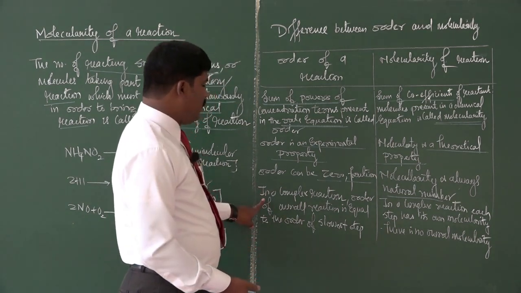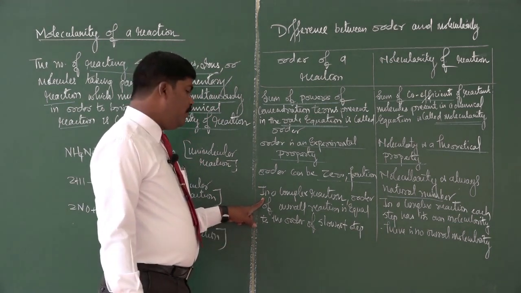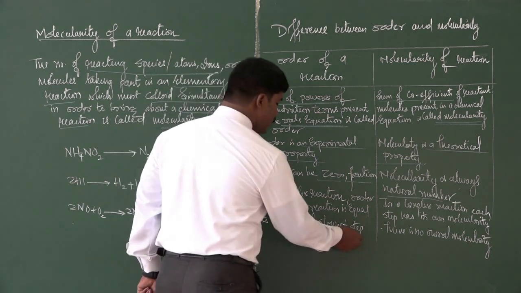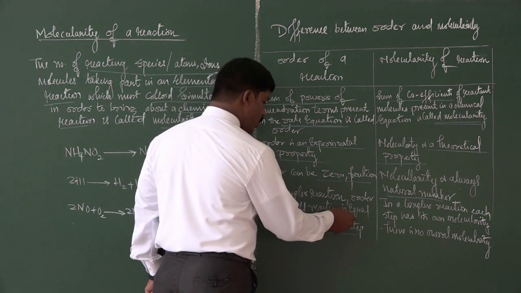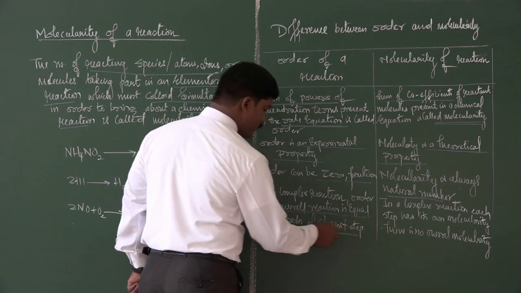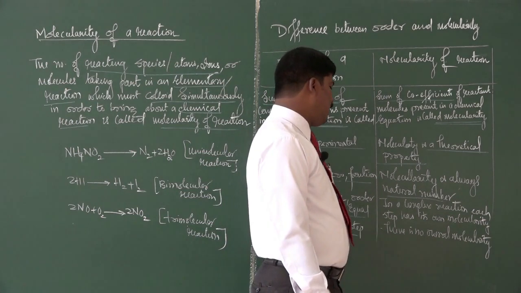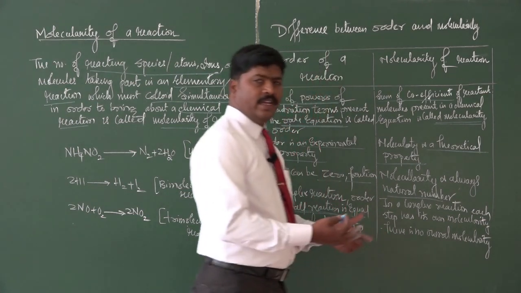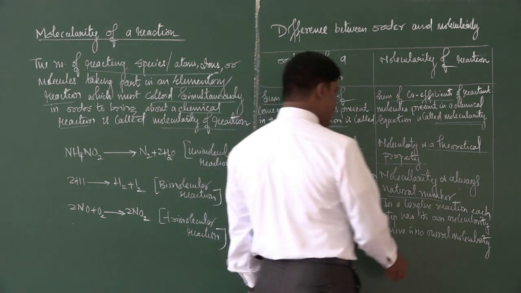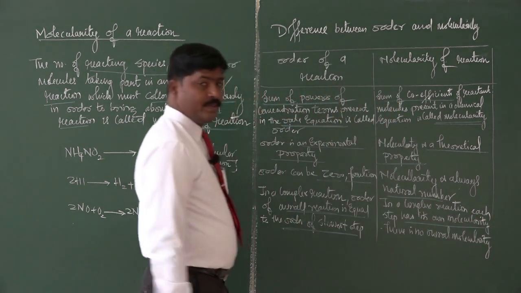In a complex reaction, as we discussed just now, the order of the overall reaction is equal to the order of the slowest step. Now, coming to molecularity, what is the logic here? In a complex reaction, each step has its own molecularity, which is very important for us.